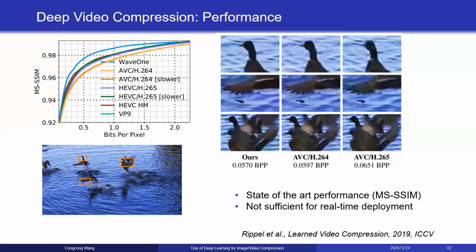The model is trained end-to-end by the multi-scale SSIM metric. It outperforms all existing video compression in terms of this SSIM image quality metric. The proposed method's performance is this line here. But still, the runtime is not sufficient for real-time application at the moment.